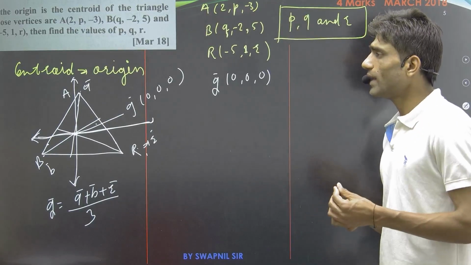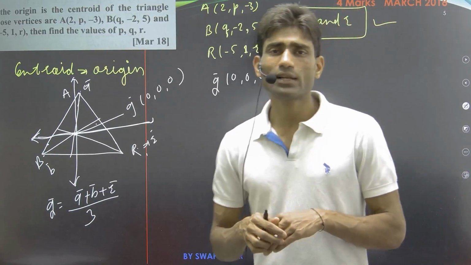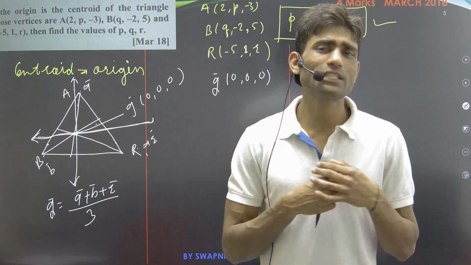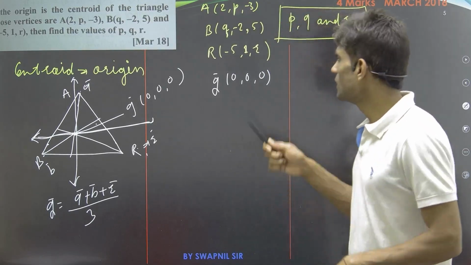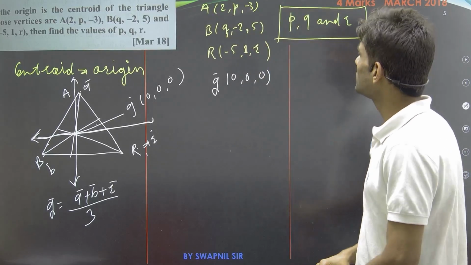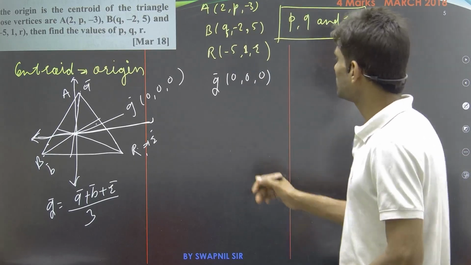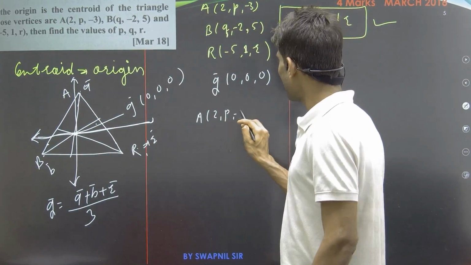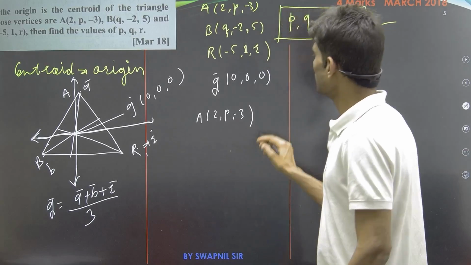Now, as we are going to do this calculation with vectors, we have to introduce i cap, j cap, k cap with respect to every vertex. We have vertex A of (2, p, -3).